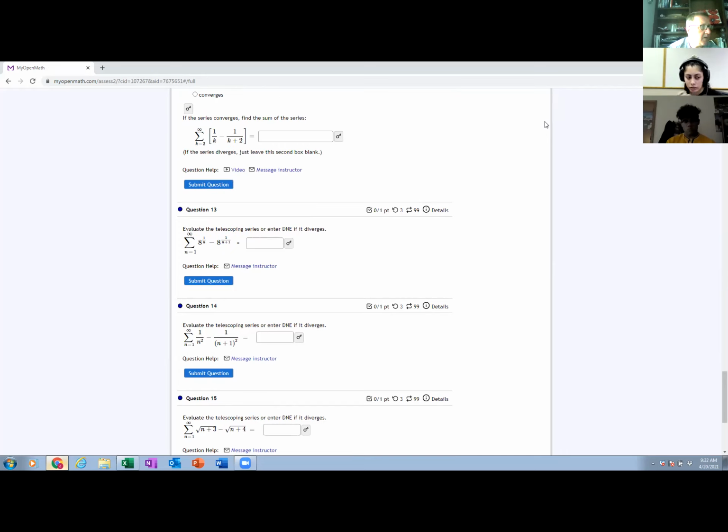Mm-hmm. Yep, I think I know where you're going with this, because I had the same. I'm just getting a fresh piece of paper to write that down. 8 to the 1 over n minus 8 to the 1 over n plus 1, starting at 1.